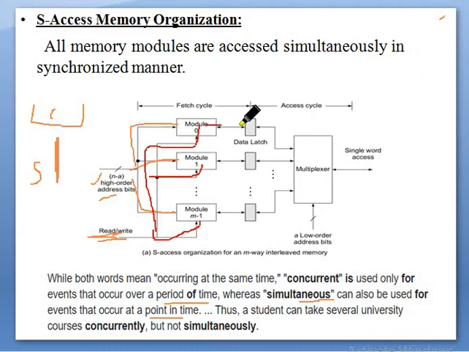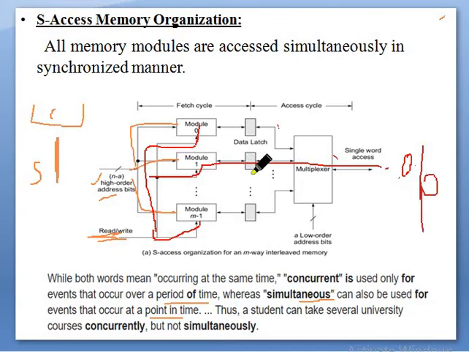The data moves here and we get the data. If suddenly I want to access data from module 1 instead, this line is disconnected because the latch becomes off. The latch connection starts from module 1 towards the multiplexer, and I get the output.